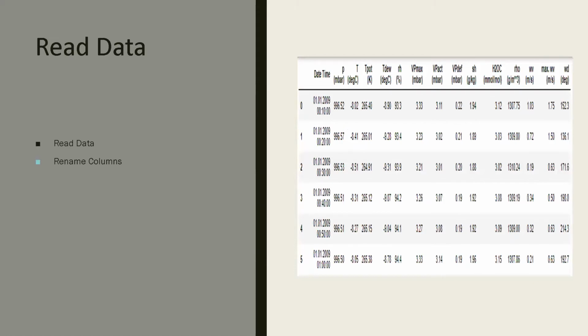Read data. In this part, we show the data we read in a table and made changes in the column names in order to better understand our data. You can see our data set in this table.